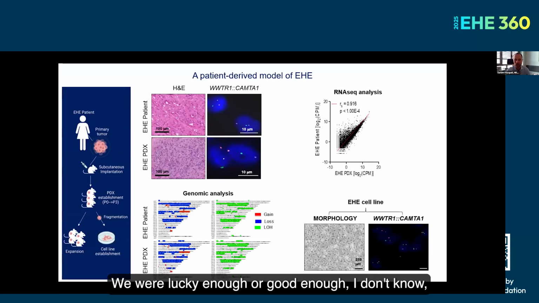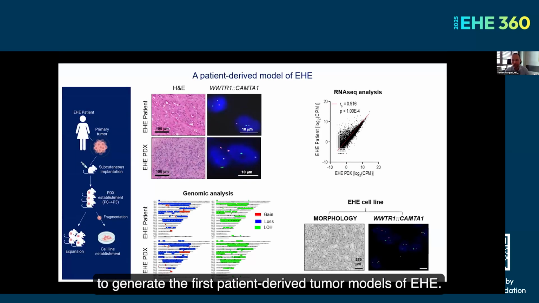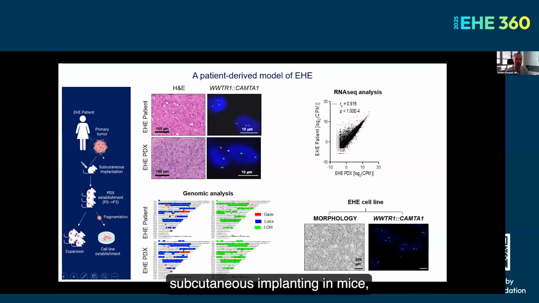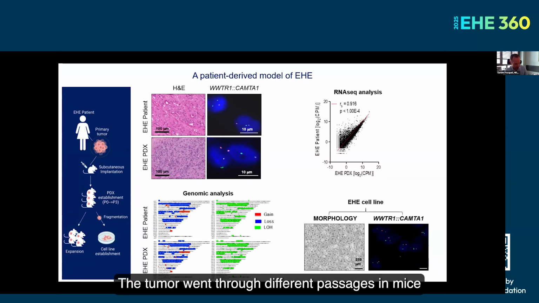We were lucky enough, or good enough, I don't know, to generate the first patient-derived tumor models of EHE. This was generated through subcutaneous implanting in mice a sample from a primary EHE of a patient with an extremely aggressive disease. The tumor went through different passages in mice, and then we were able to generate cell lines starting from the PDX. The morphology of the PDX is similar to the tumor of origin.